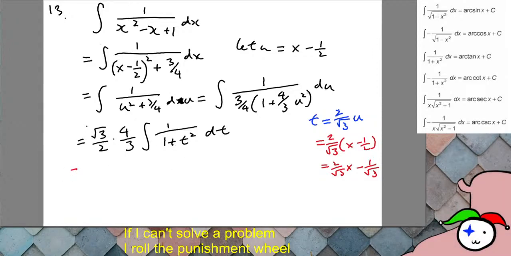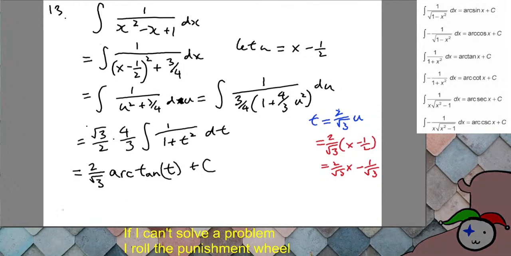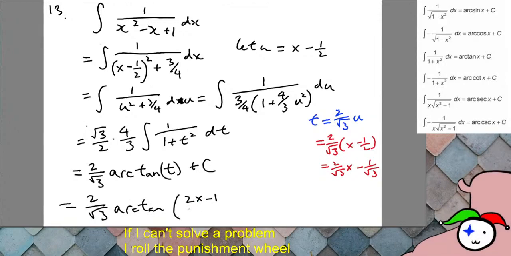So here we go back to black. Here we have 2 over root 3, integral. Well, I don't need integral. It will be the arc tan of t plus c, which would be 2 over root 3 arc tan of 2x minus 1 over root 3 plus c.